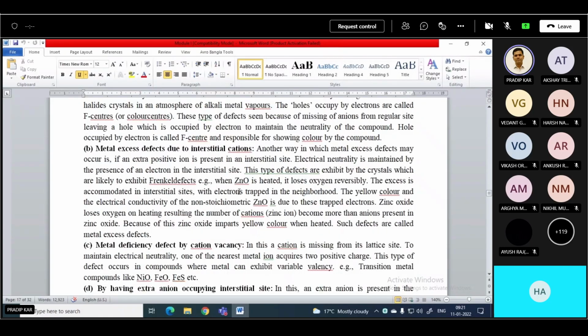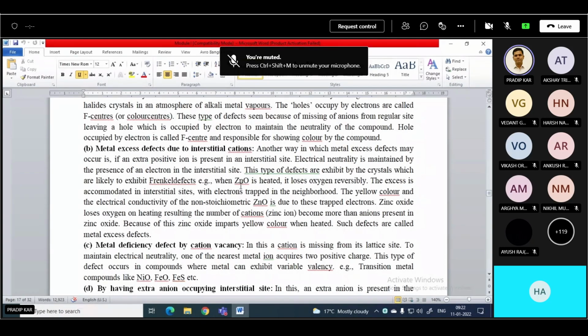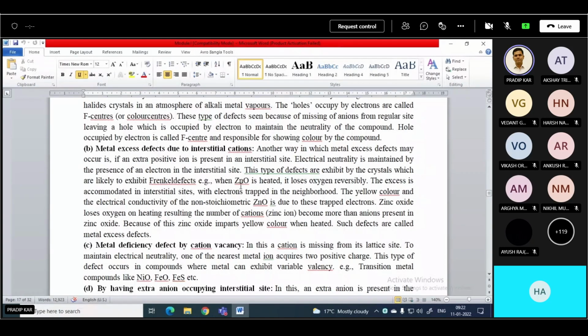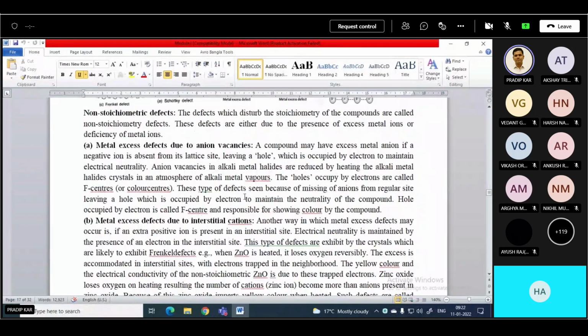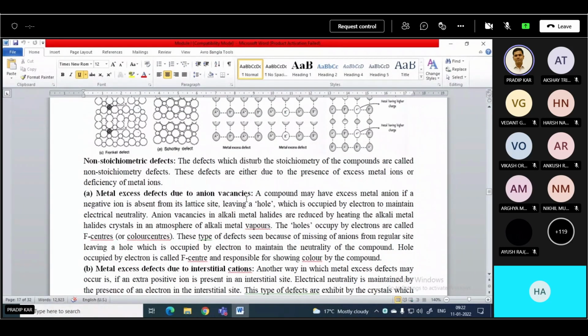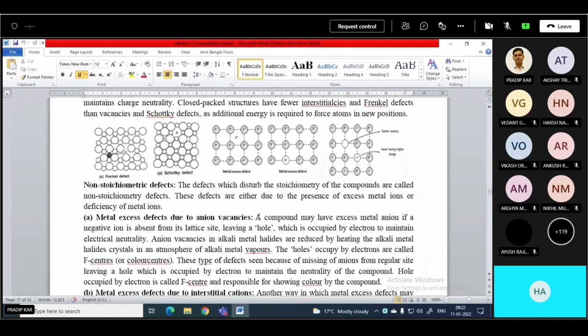Next, in case of metal excess defects due to cation at its interstitial position, like the Frenkel defects, the cation is missing and occupied in a new position, but here an extra cation is present.